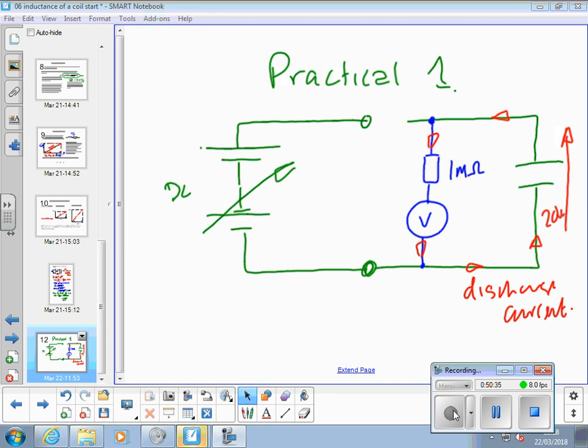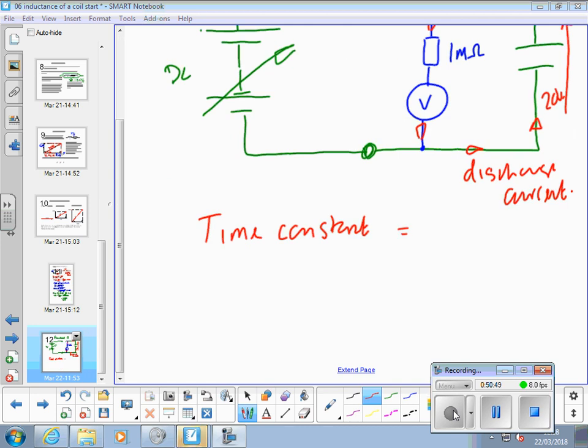So remember, the time constant, that's what you want to think about and how you're going to do it. Time constant is equal to C times R. You want to find that value.